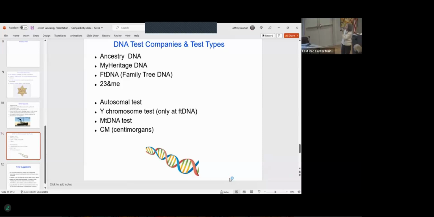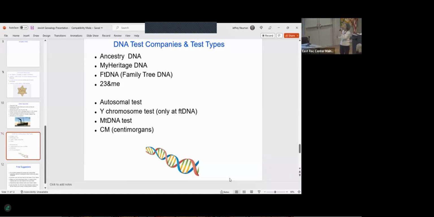And then there are three different kinds of tests that you can do with your DNA. The most common one is the autosomal test. It tests both sides, both the mother's and the father's side. But it only goes back, I think, maybe 5 generations at the most. There's a Y chromosome test, which is only for males.